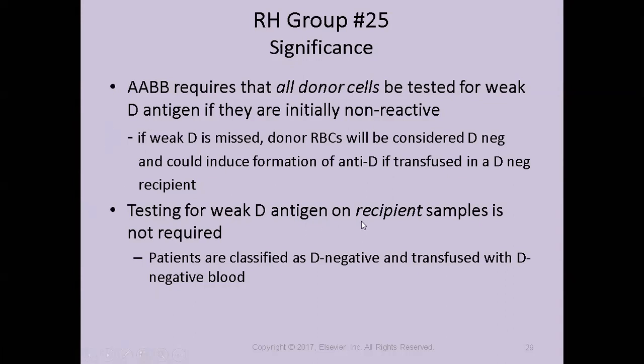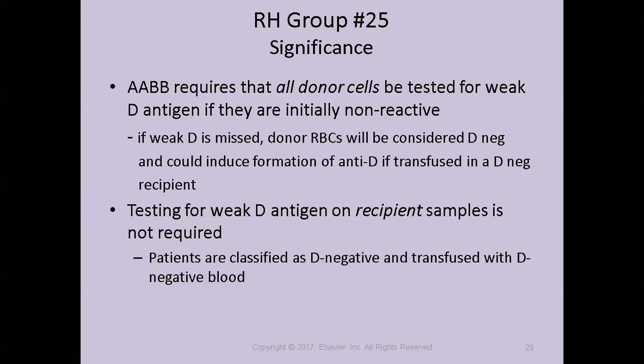Testing for weak D antigen on recipient samples is not required. So most hospital labs are not looking for that weak D antigen in the recipient, and that's the person who's getting the transfusion. Reason being, it's not such a big deal that way. Okay, so let's look at what would happen. Let's say we have a weak D person who's in need of a transfusion.